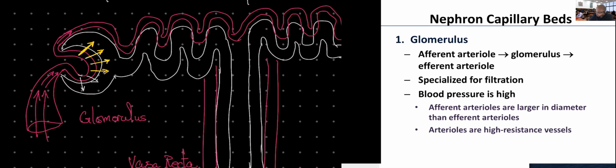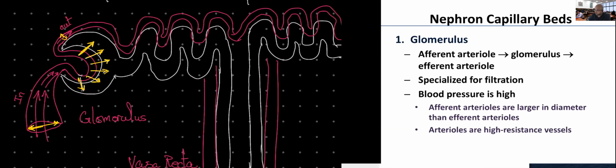Two major factors. The first factor is that the diameter of the afferent arteriole is much larger than the diameter of the efferent arteriole. So this means that the amount of blood that I'm getting in is larger than the amount I'm moving out.